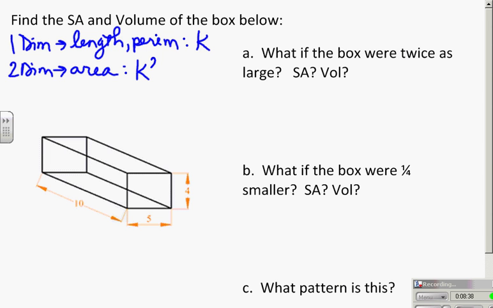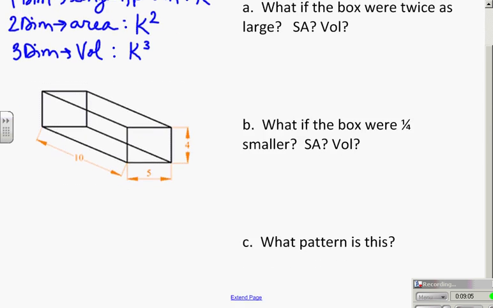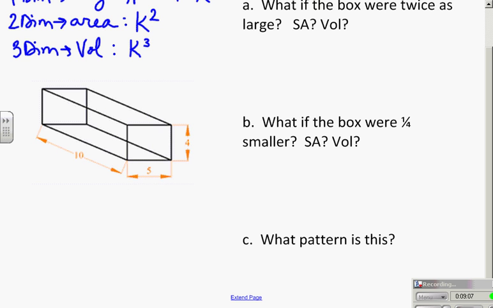If we had a two-dimensional measurement, like area, that varied by a factor of k squared. And a three-dimensional measurement like volume was going to vary by a factor of k cubed. And we could run through these and look at examples of how this works. I'm going to show you this time how to use this k squared.